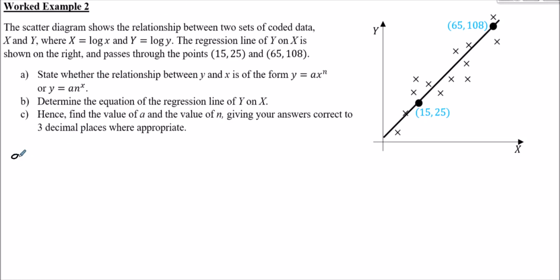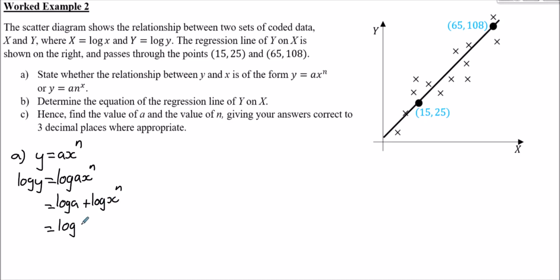So I'll show you why it's of the form y equals ax to the n. For part A, what we can show here is that if the original data type was a relation where it's y equals ax to the n, take logs of both sides, log y is log of ax to the n, which can then be split into log of a plus log of x to the n.